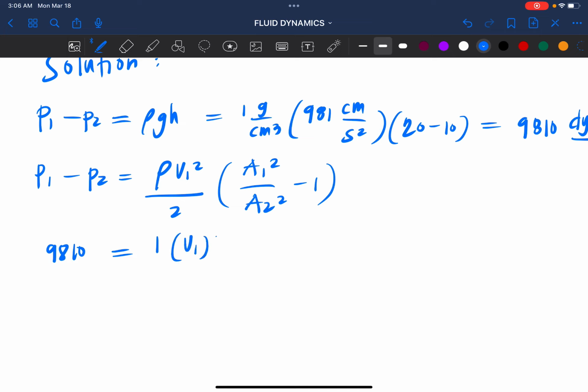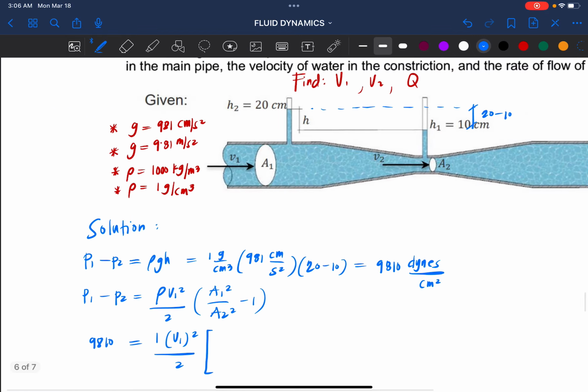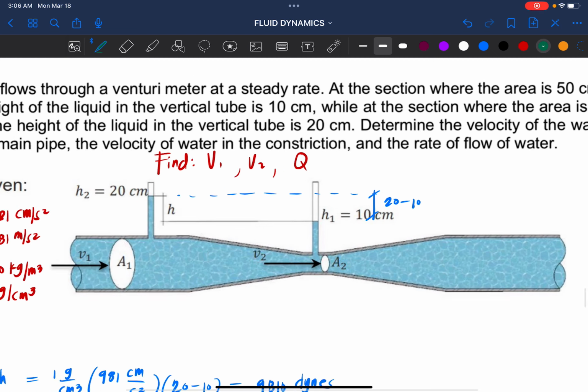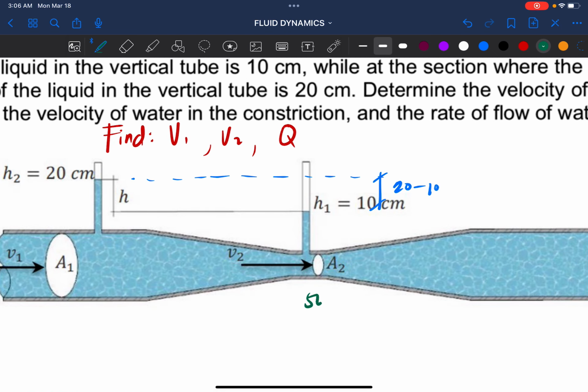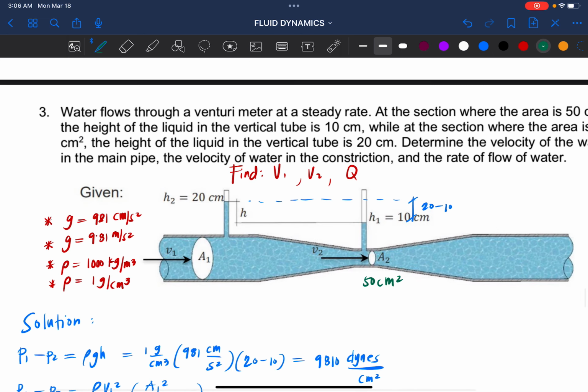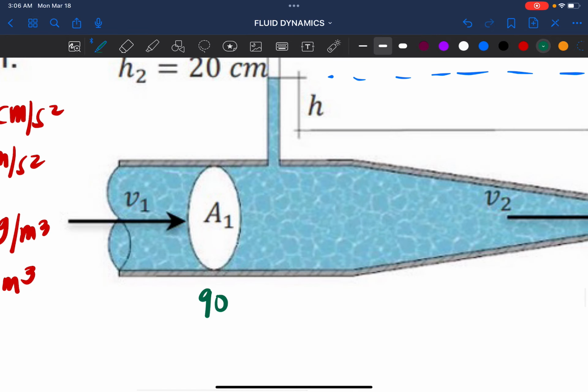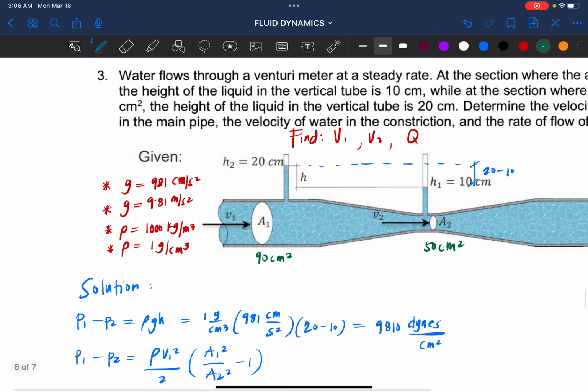V sub 1 natin squared over 2 times quantity. Area 1 natin, binigay na yan eh. So, 50 cm squared daw, yung height daw natin is 10 cm. So, ito yun, 50 cm squared. And then, yung isa naman, 90 cm squared naman to, dun sa height na 20 cm.